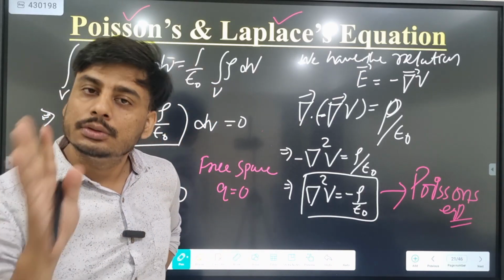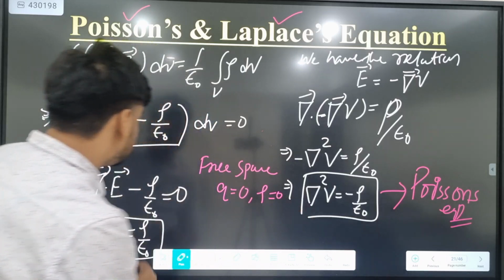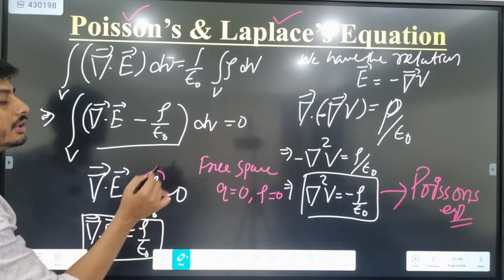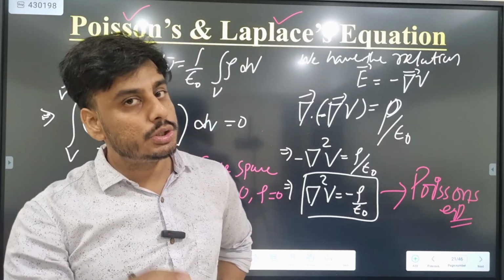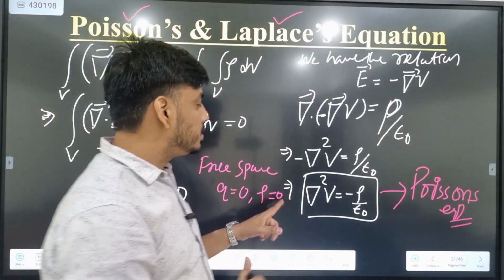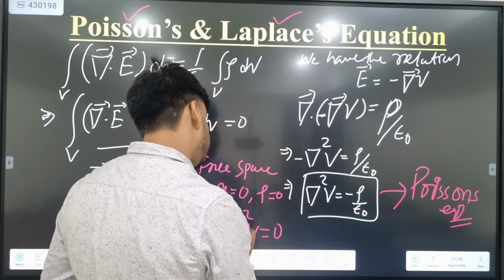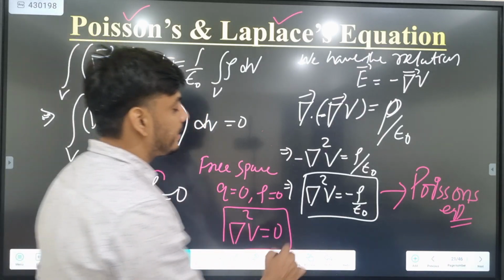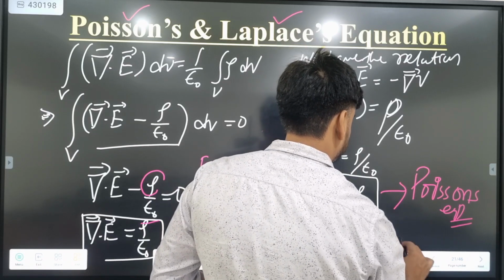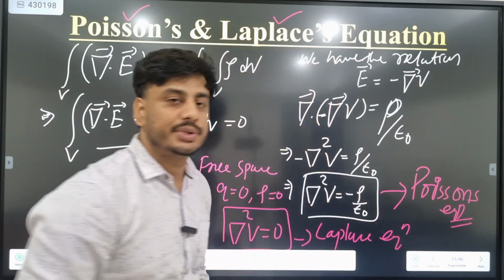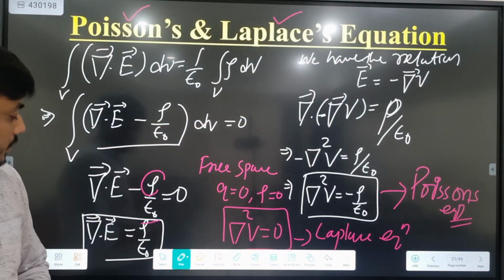If Q is 0, then rho, which is the amount of charge per unit volume, is 0. If rho is 0, then this equation will be del square V equal to 0. So this is Laplace equation, nothing else. Clear? This is all about Poisson's and Laplace equation.